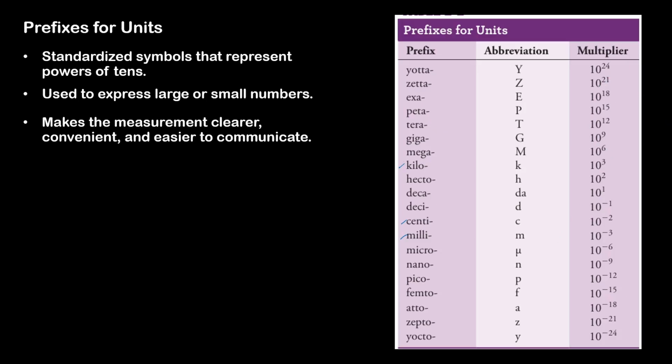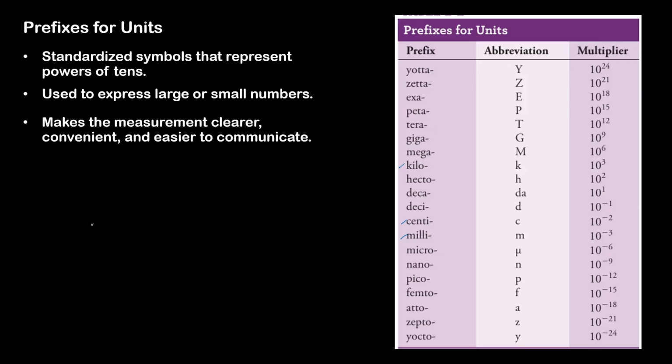So you can see here, 10 to the power of something. For instance, 1 centimeter is 10 to the negative 2 meter. So 1 milli would be equal to 10 to the negative 3.